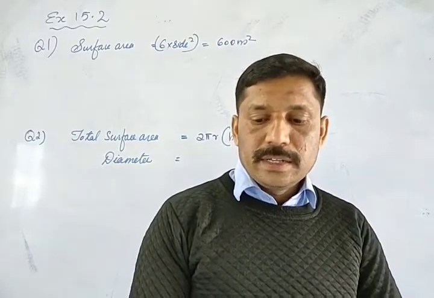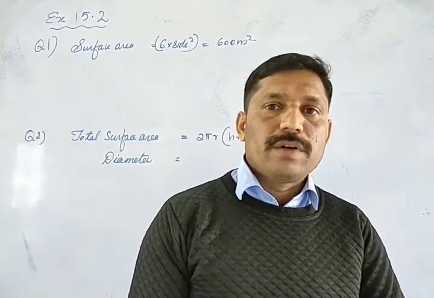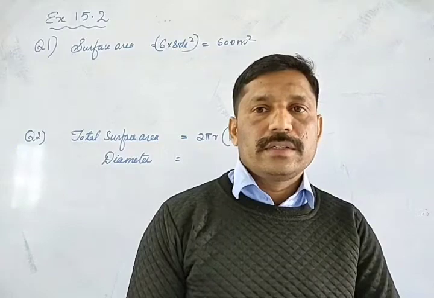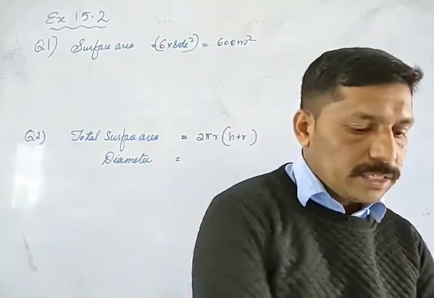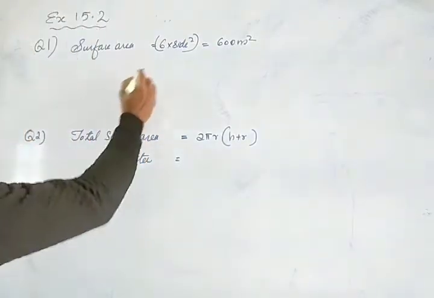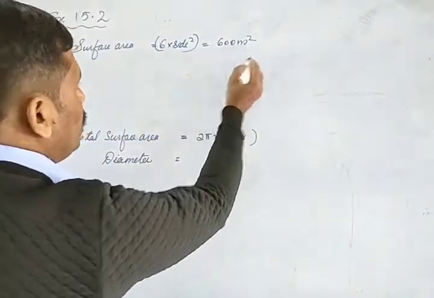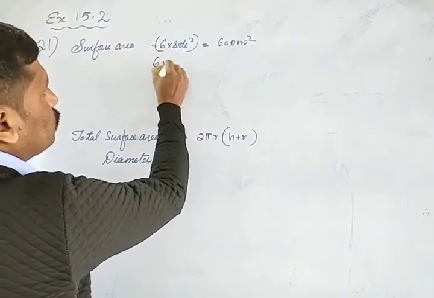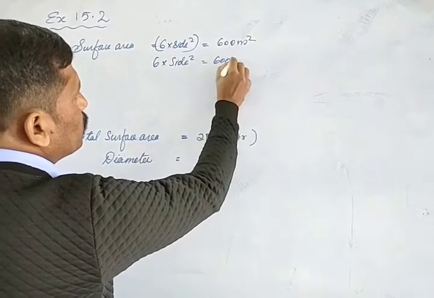Then what is the area of one face? One face area is side square, and we have to find it. Listen, students: surface area is equal to 6 into side square, and that is given as 600 meters square. So 6 into side square is equal to 600 meters square.